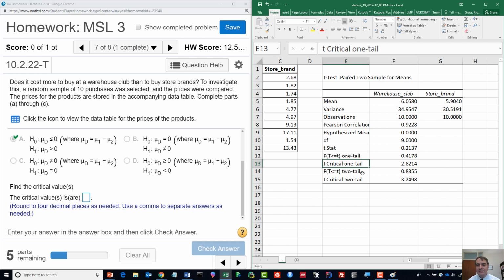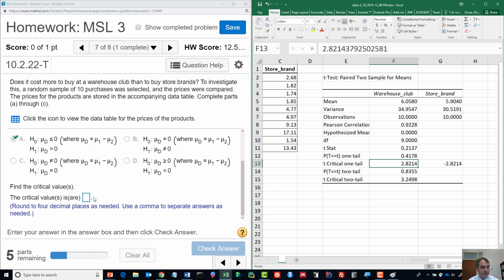Now let's say my null hypothesis was that mu sub d is greater than or equal to 0. Then I would have a rejection region on the left, and the critical value would just be the negative version of this. But since I'm only interested in the one-tailed critical value on the right, I'm using the positive one.